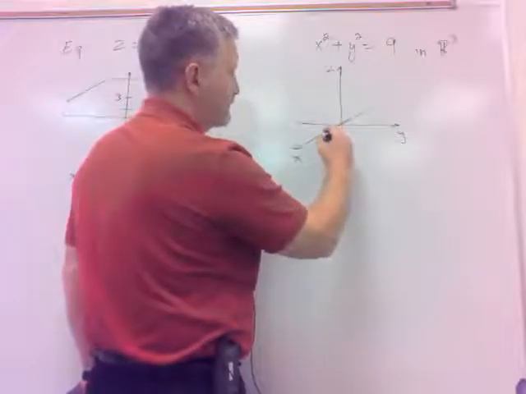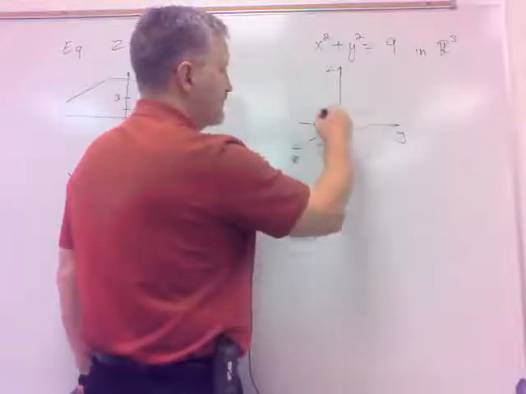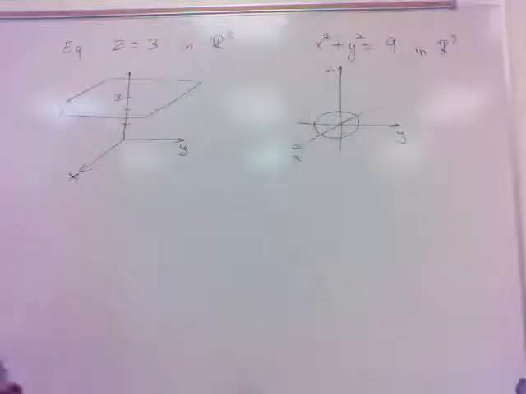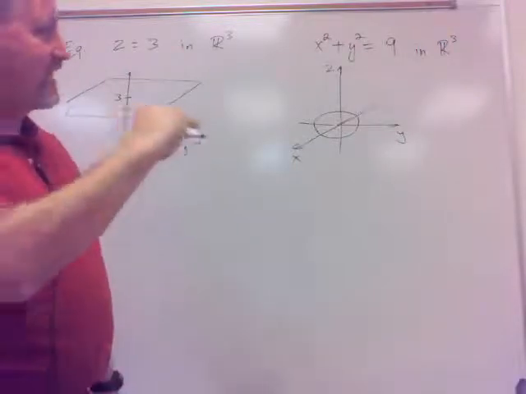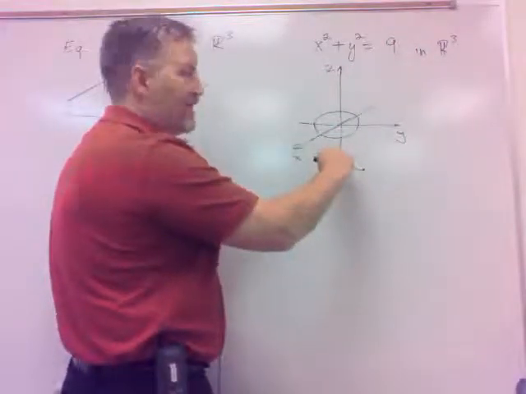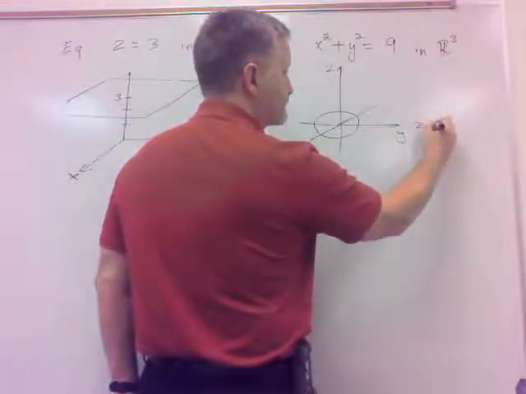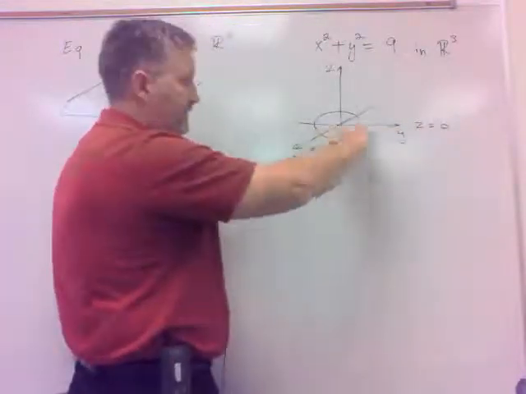We're talking about a circle here, tilted on, you know what I mean. But that's only part of it, right? Because that's when we have z equals 0. That's when it would be at that level on the xy plane.